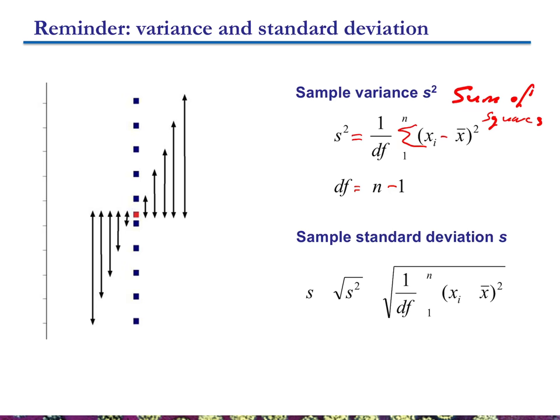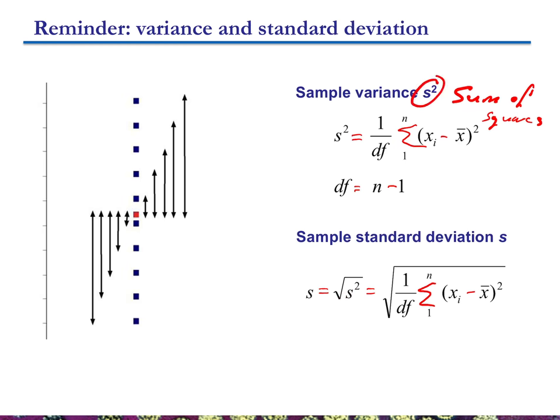Now, to find the standard deviation, you simply take the square root. So standard deviation is s, the square root of the variance, the square root of s squared. All we've done is calculate the sample variance, then convert it to a standard deviation by taking the square root of that variance number.